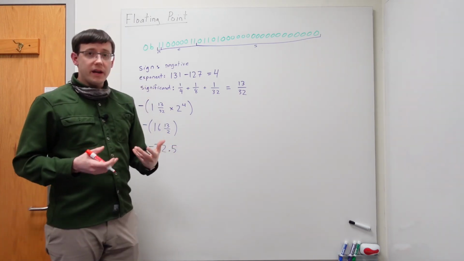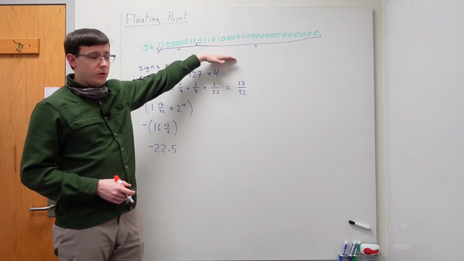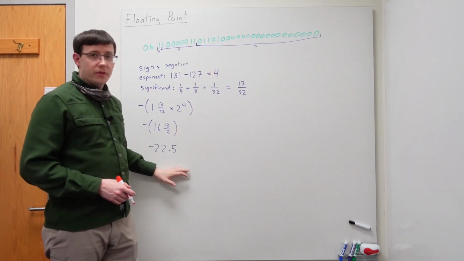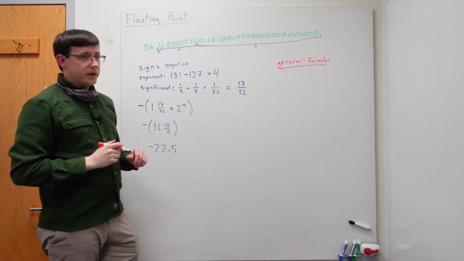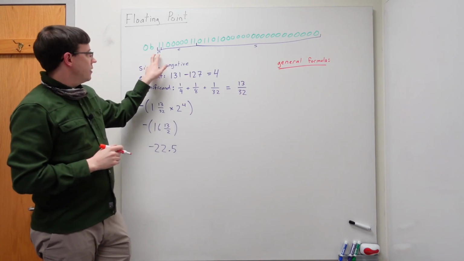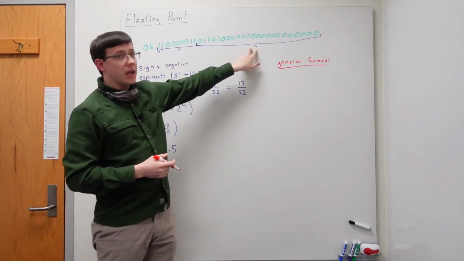And so we can write down the general formula for converting from a 32-bit float to a decimal value. And this formula is expressed in terms of the sign n, the exponent e, and the significand s.